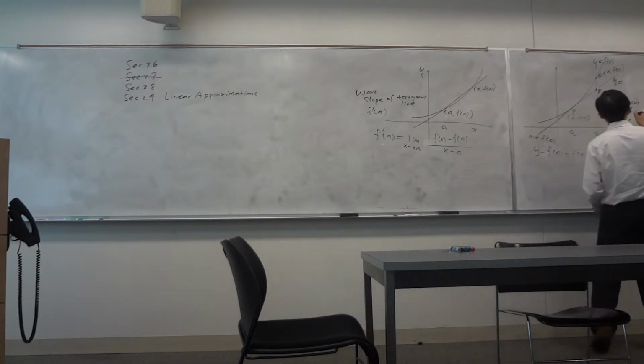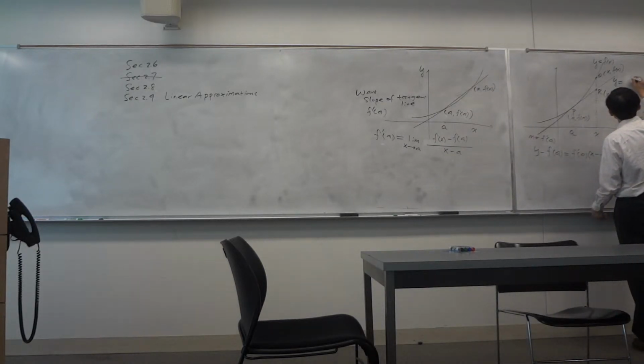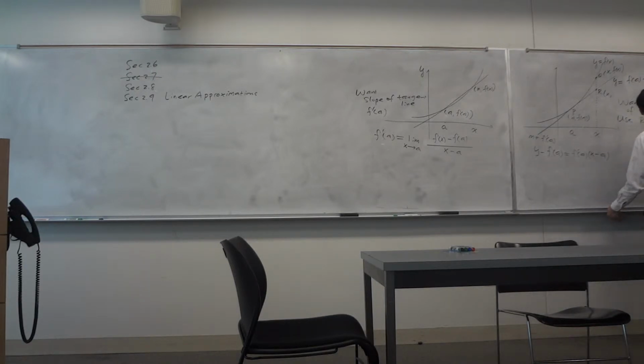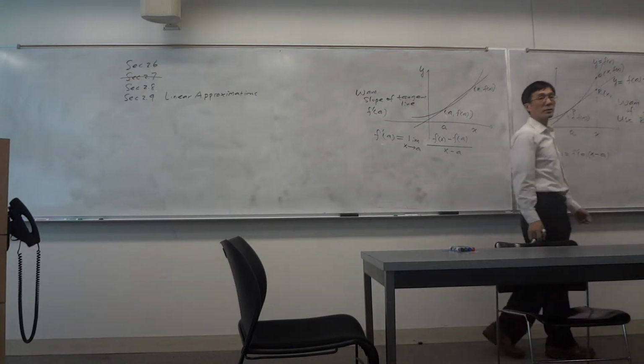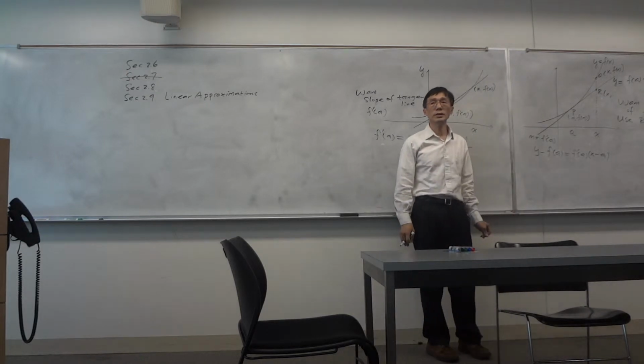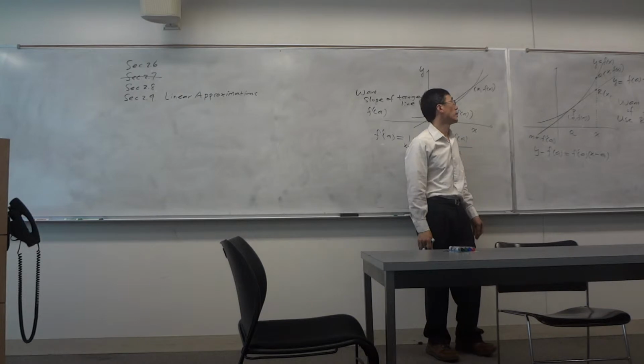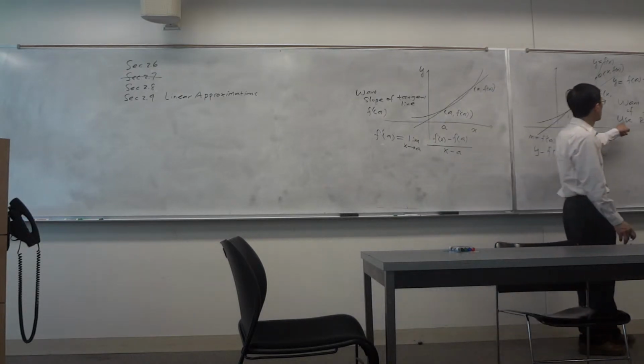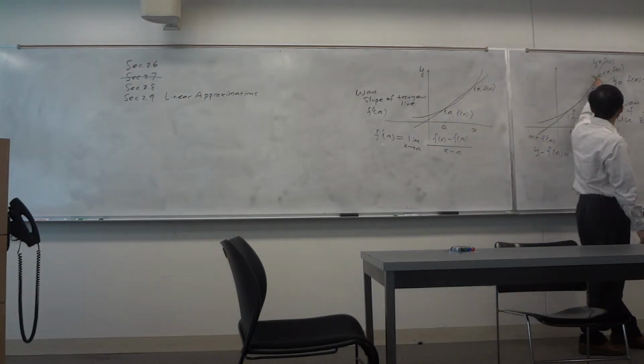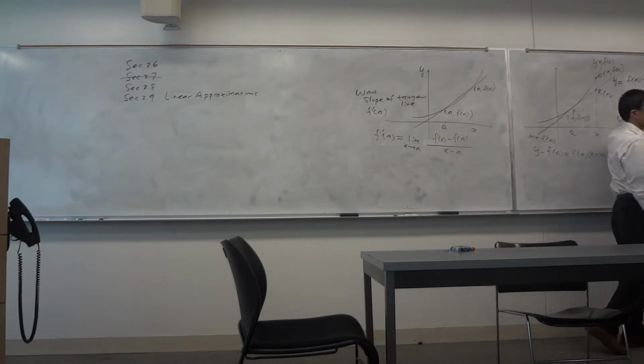So y is equal to f(a) plus f prime of a times x minus a. Don't you agree? This is the equation for that straight line. Now we are going to use this point R to approximate Q. So what's the y coordinate for R? That's exactly this.